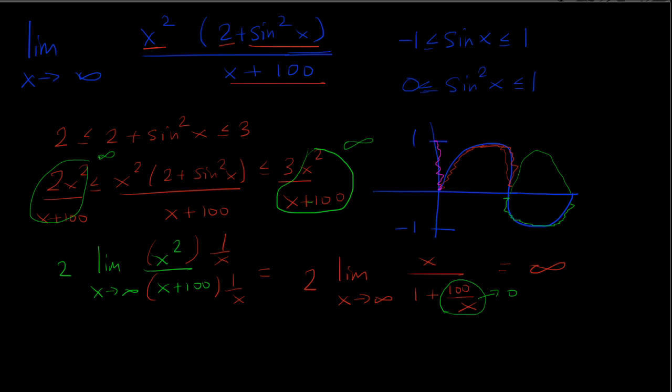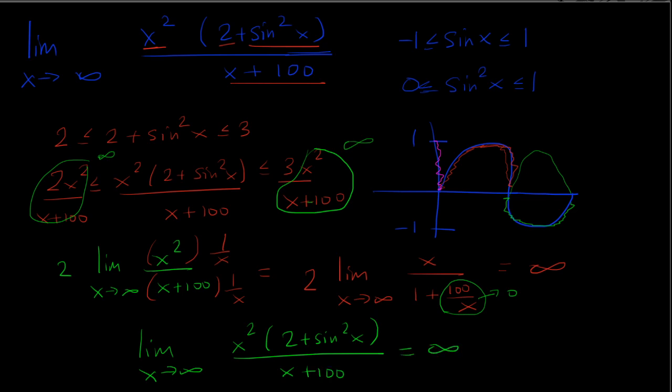So by the squeeze theorem, x squared times a quantity 2 plus sine squared is forced to go to infinity as well. So, in other words, the limit does not exist since it's going to infinity.